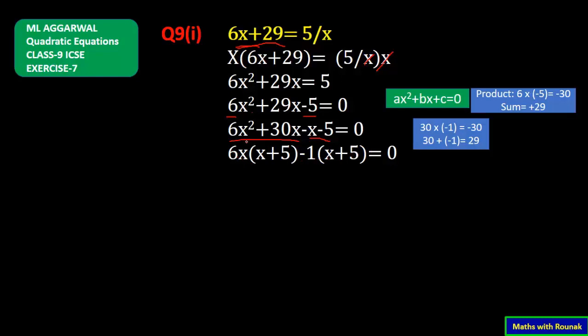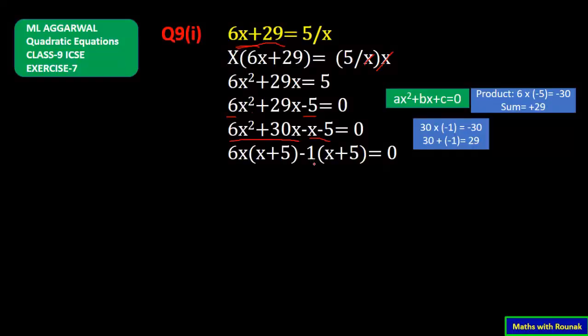If we take 6x common from 6x square, we will be left with x. From positive 30x, we will be left with positive 5. If we take minus 1 common from negative x, we will be left with positive x. And from negative 5, we will be left with positive 5.